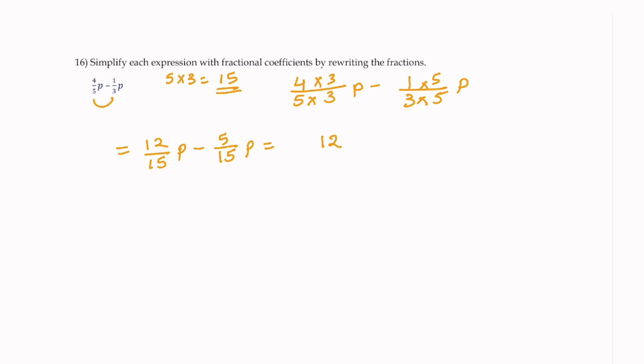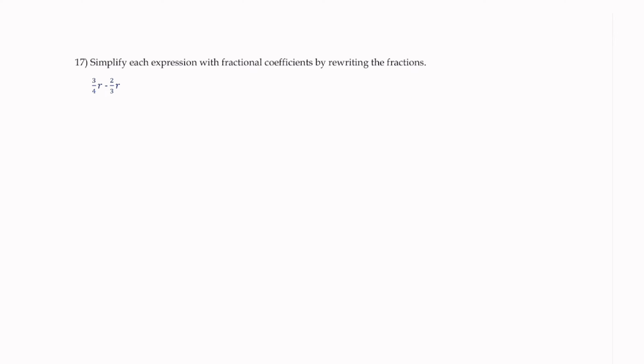So that's 12 minus 5 over 15p, which is 7 over 15p. And it's done.